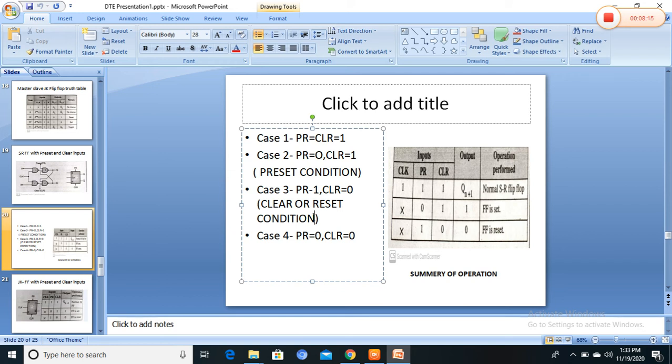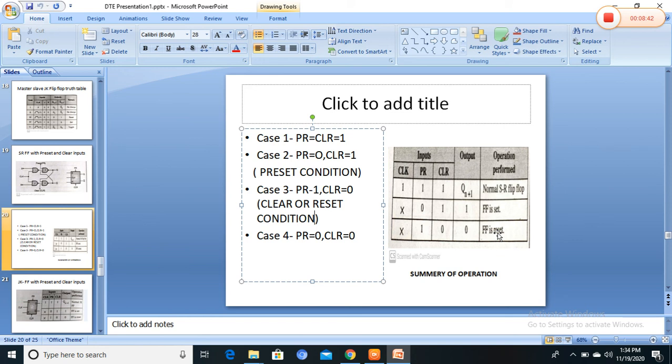Clear 0 will reset the flip-flop. That means clear 0, preset 1, the flip-flop is in reset condition. In the first condition, the flip-flop is in normal operation, and in the last two conditions, the flip-flop is set and reset. That is why we connect the preset and clear inputs.